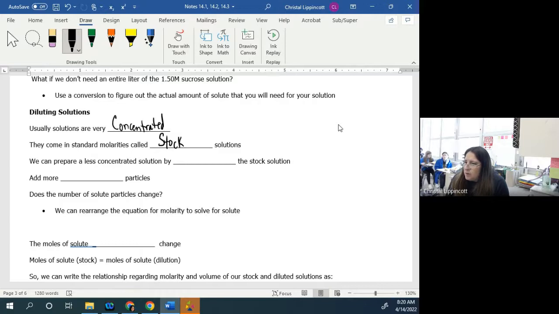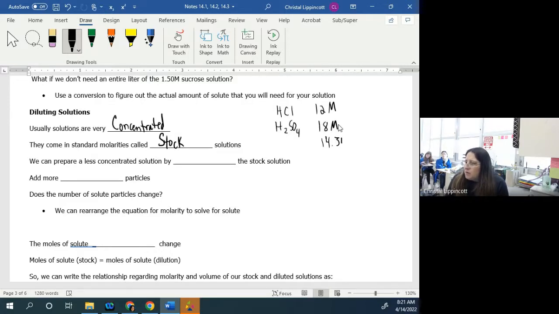Typically your hydrochloric will come in at 12 molar. Your sulfuric will come in at 18 molar. Your phosphoric, I believe, comes in at like 4, or maybe it's nitric, comes in at 14.3. I can't remember which one's which.